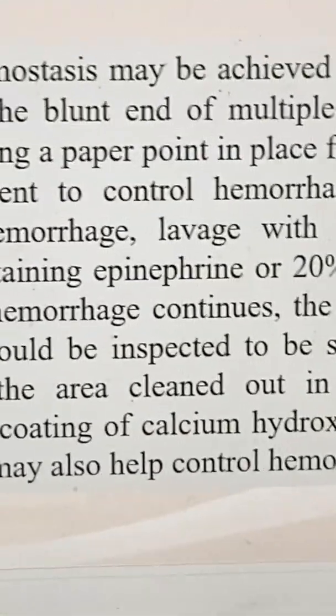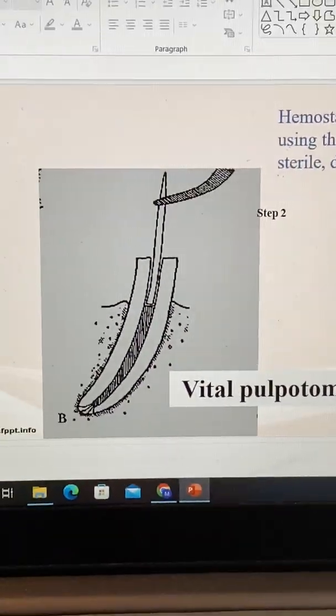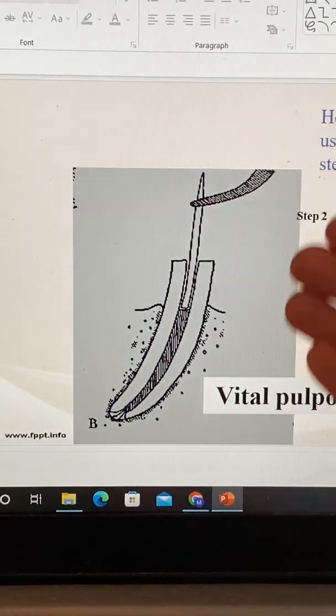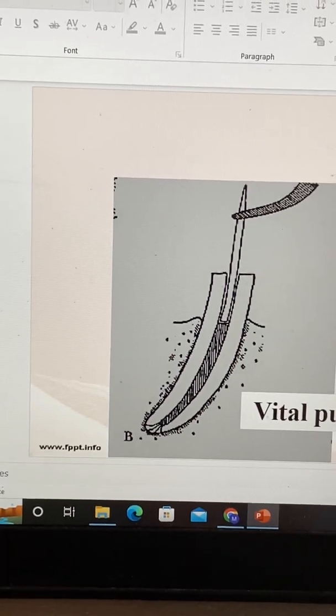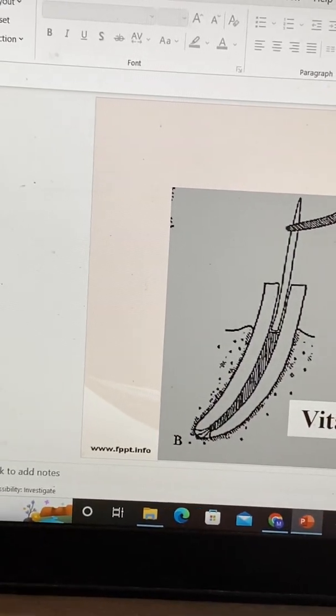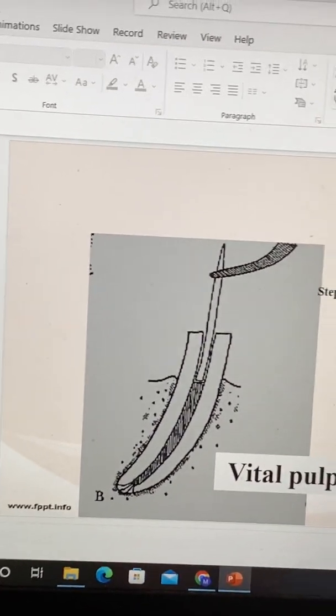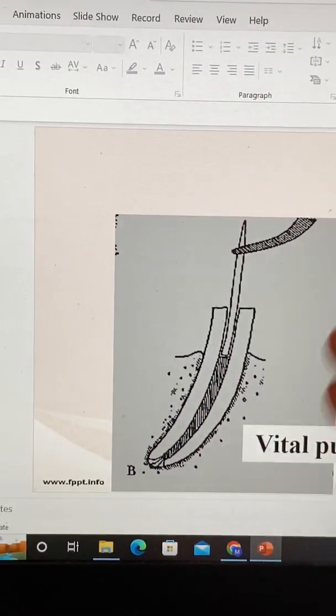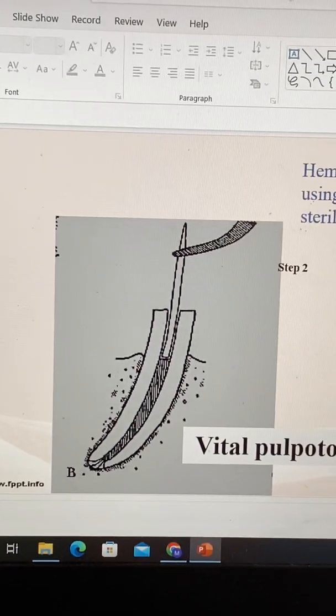So in stage 2, sorry about that, you try and cause hemostasis, because let's face it, when you get rid of some of the pulp, which is where the blood is, the blood is going to go everywhere, and it's not going to be helpful. So what you're trying to do in stage 2 is hemostasis. You do it by washing it out with lavage with sterile saline, and then you use dry paper points.